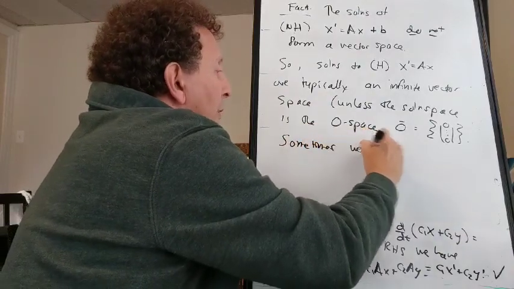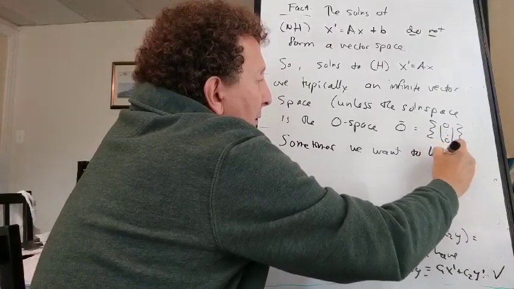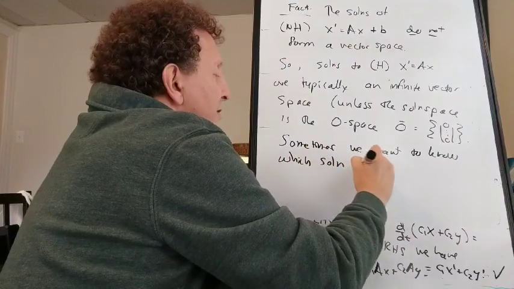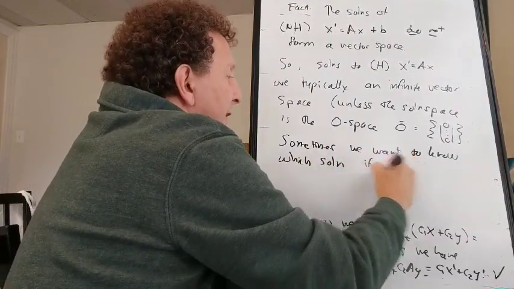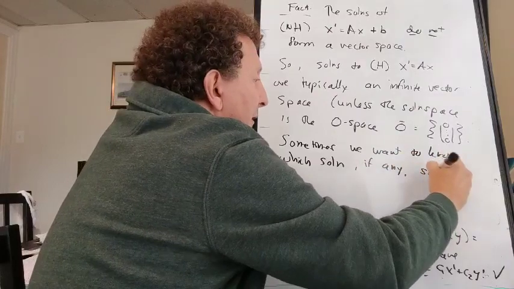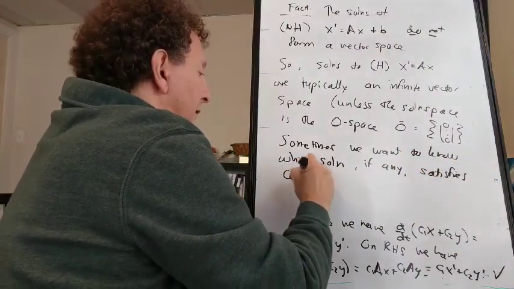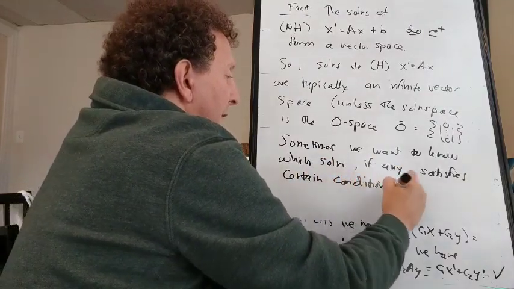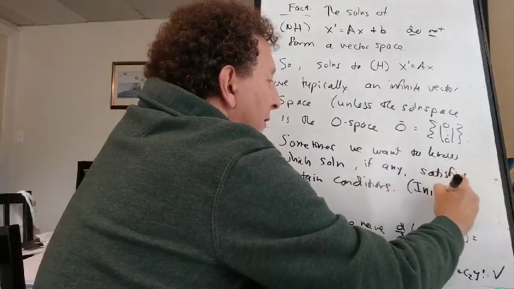And sometimes we want to know which solution, if any, satisfies certain conditions. This is called an initial value problem.